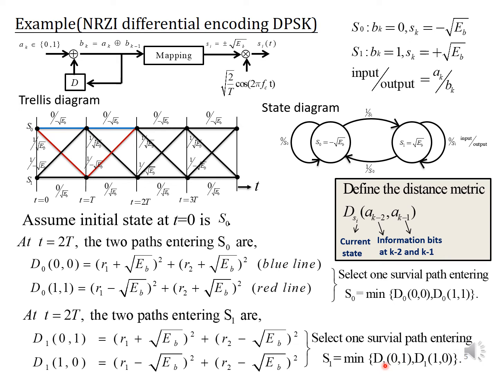Instead of keeping all four paths, at every symbol we keep just one survival path entering S0 and one survival path entering S1. This survival path information is passed down to the next symbol transmission, and then helps to decide the next symbol.